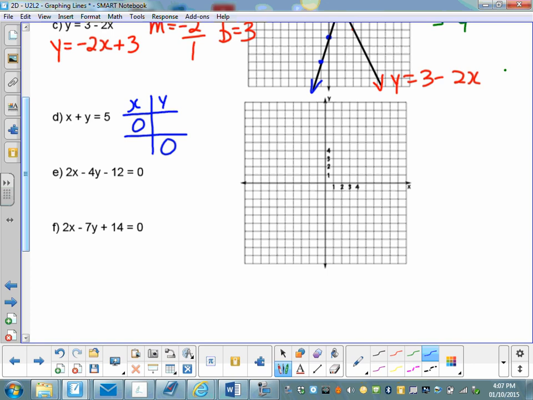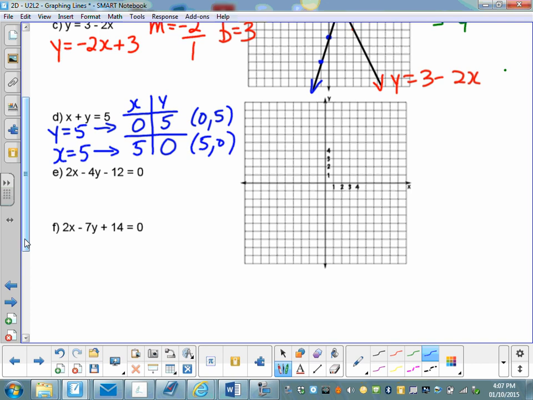So if I sub 0 in for x, in this case here, I'm going to end up with y equals 5, because the x is going to disappear, so that means that I get 5 here. So that's the point 0, 5. When I put 0 in for y, I end up with x equals 5. So in my table, I've got a 5 here, and that's the point 5, 0.